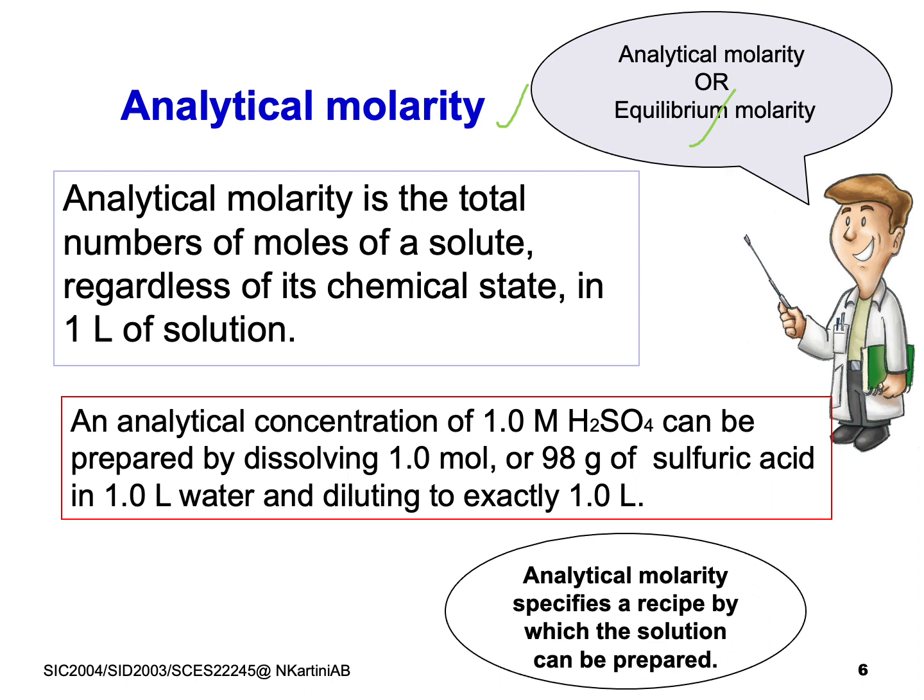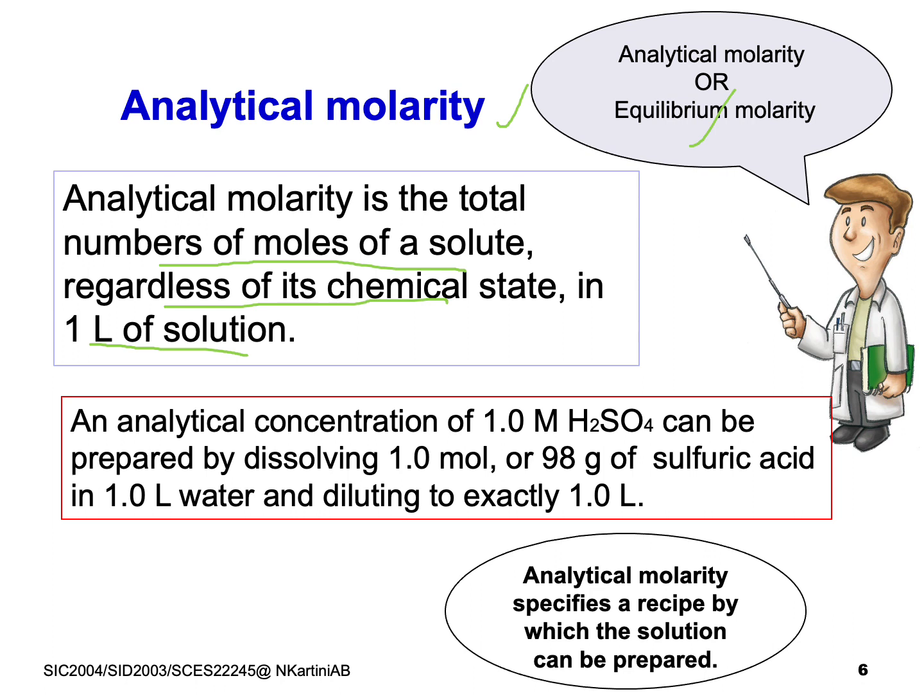Analytical molarity is the total number of moles of solute, regardless of its chemical state, in 1 liter of solution. That means when we calculate the analytical molarity, we just focus on how to prepare the solution in the lab. This is preparation of solution.